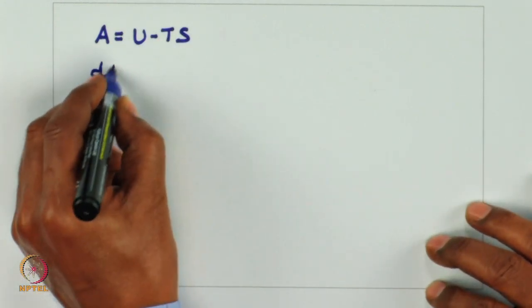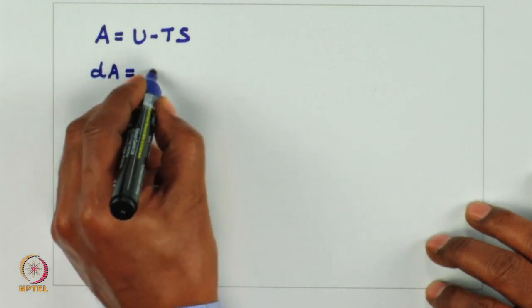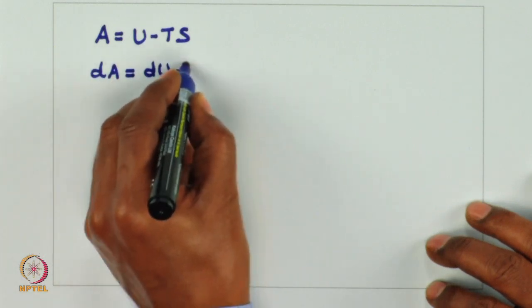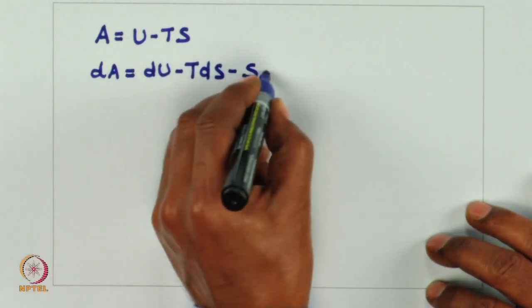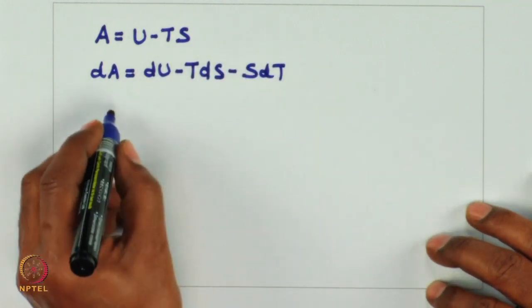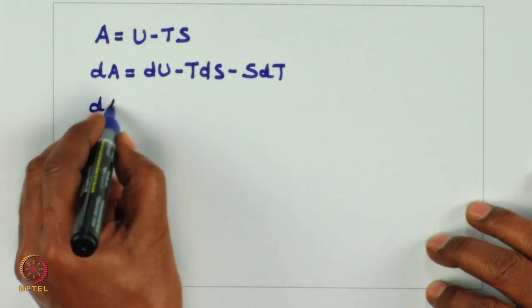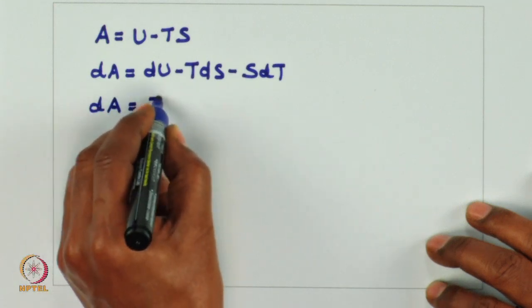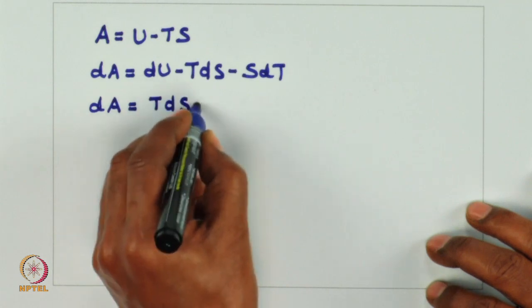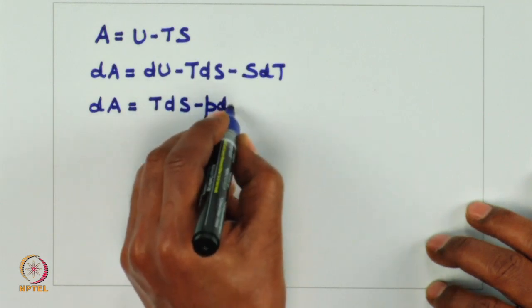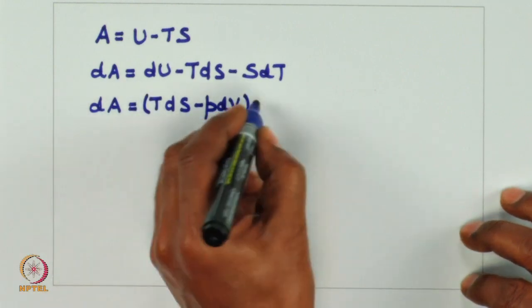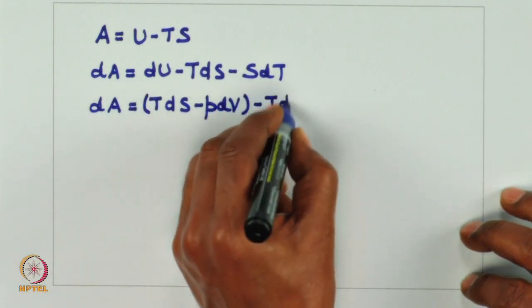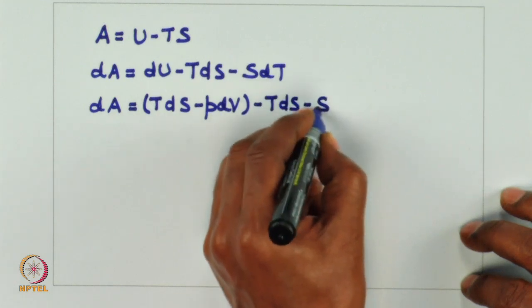So, I have dA is equal to dU minus T dS minus S dT. Let us expand further. dA, for dU I will write T dS minus P dV, minus T dS minus S dT.